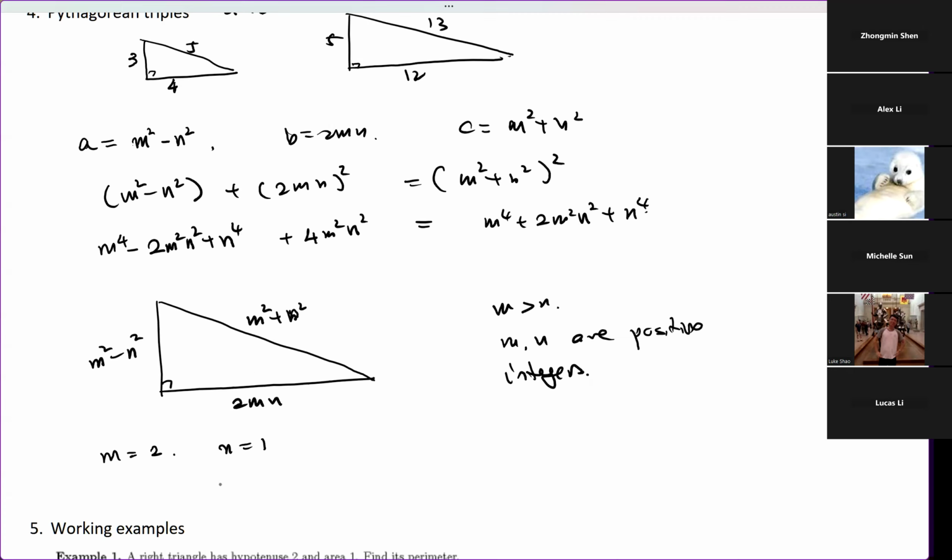Then what do you get? 2 squared minus 1 is 3, right? And 2 times 2 times 1 is 4. And 2 squared plus 1 is just 5. So that's what you get.